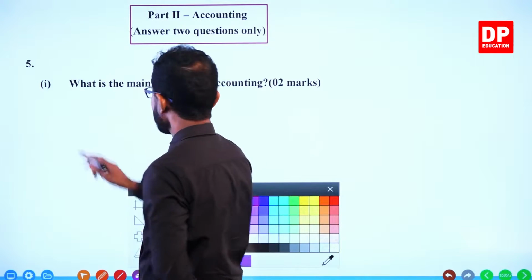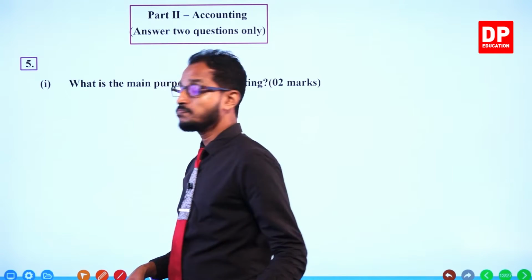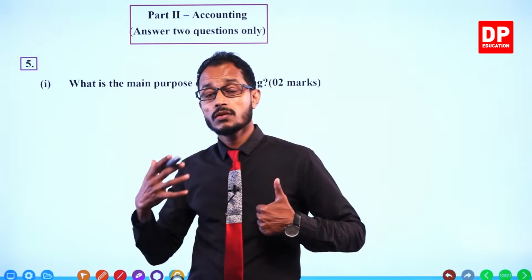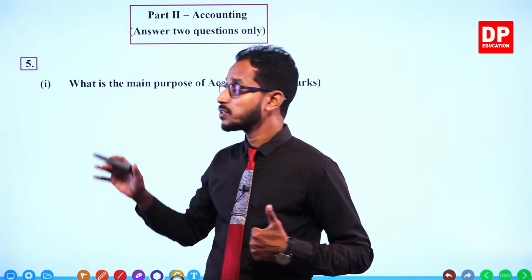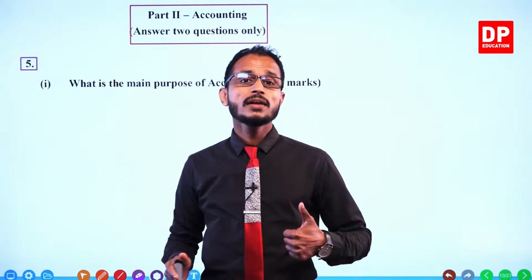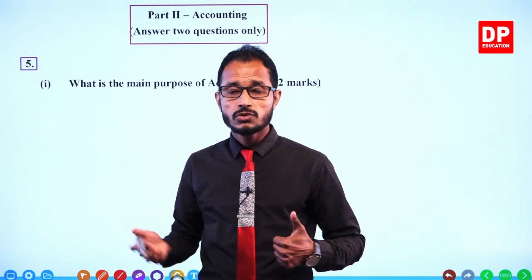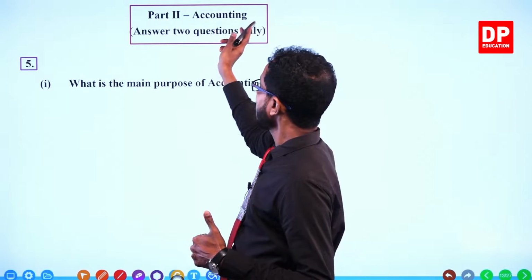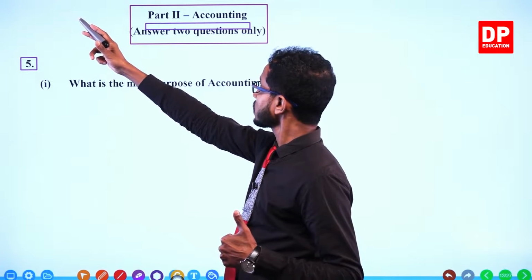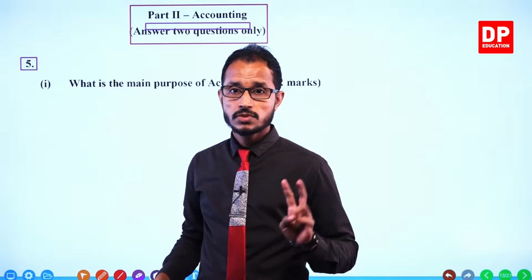Question number 5. As I always tell you, I'll just give you again the structure of the layout of the questions in part 2, accounting. Part 2, accounting, has 3 questions.